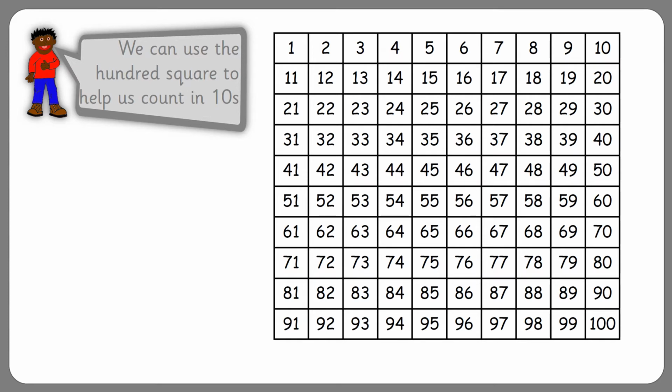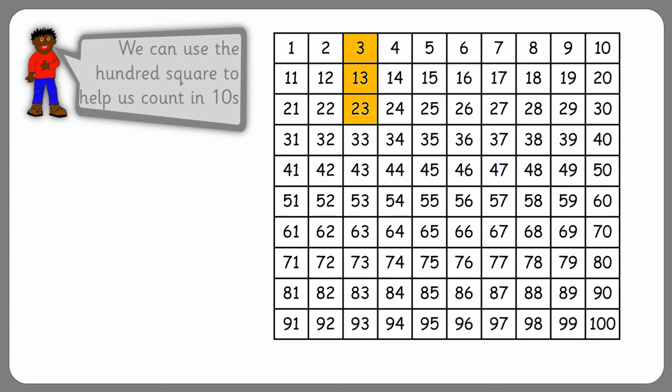Now let's take a look if we start counting in tens from a different number. So here I've chosen 3. Now, if we count in tens, each time we're going to be adding a 10 on, but our ones digit will stay the same. So if we add on 10, our next number is 13. Our ones number is the same, we've still got a 3, but we've got 1 ten.